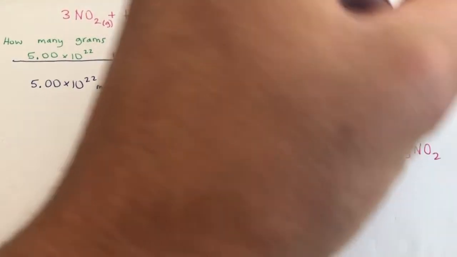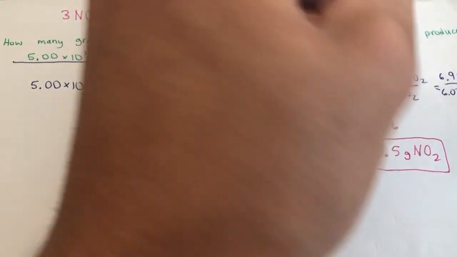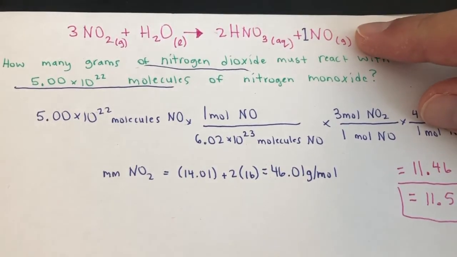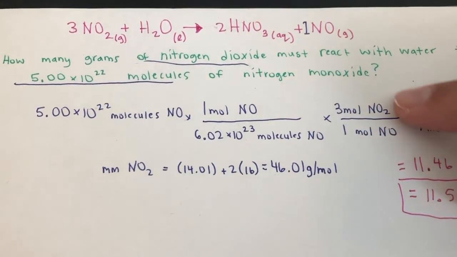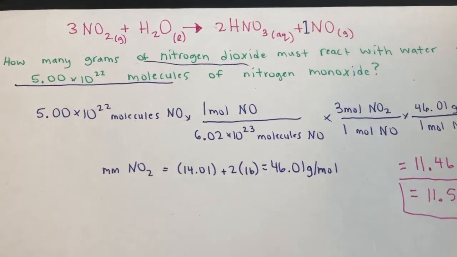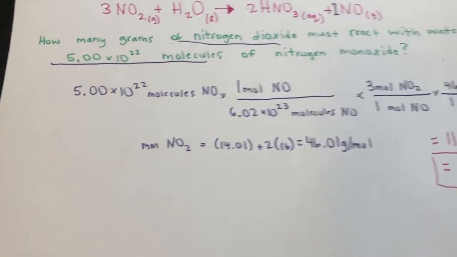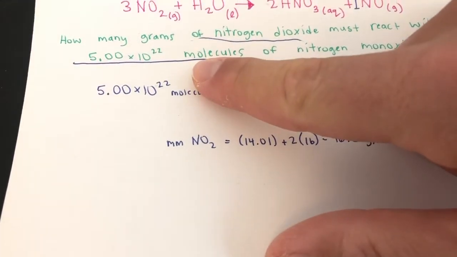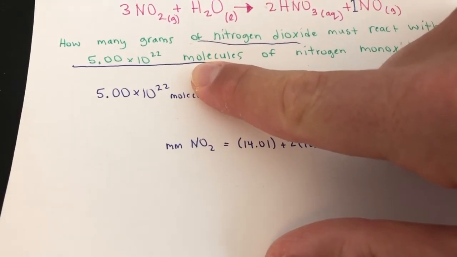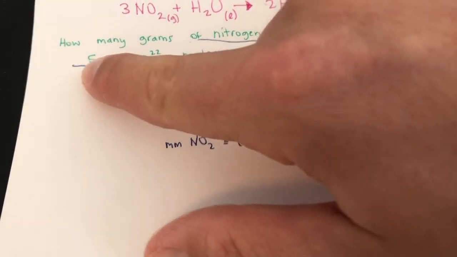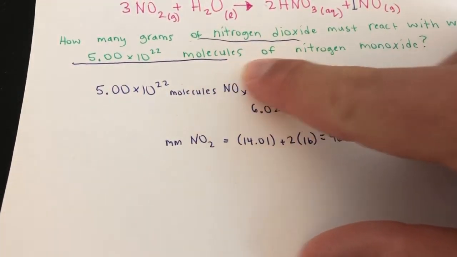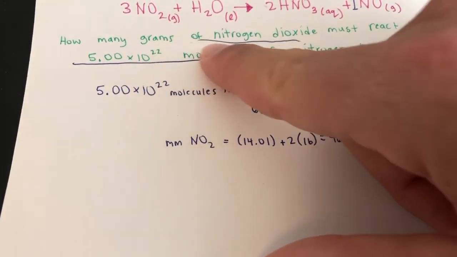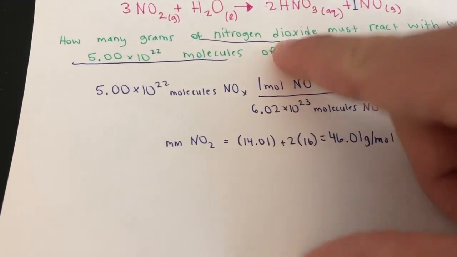All right, so a little recap. We have a balanced reaction. That's the most important part. If it's not balanced, you're not going to have your mole to mole ratio, but it's already balanced. Don't even think too much about why you start with this. Just start with the number they give you. Molecules of nitrogen monoxide. And then how many grams of nitrogen dioxide?